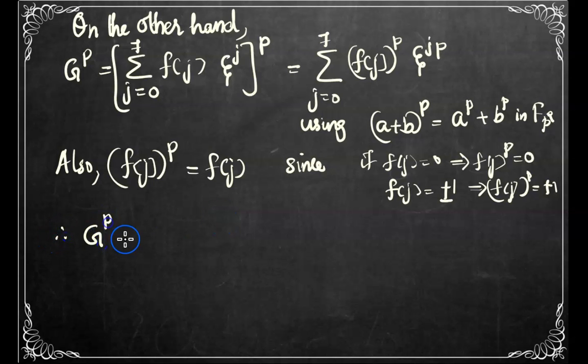G raised to P is equal to summation over J varying from 0 to 7 f of J. We write f of J instead of this f of J whole raised to P into zeta raised to JP. Note that f of J is equal to f of P into f of PJ.